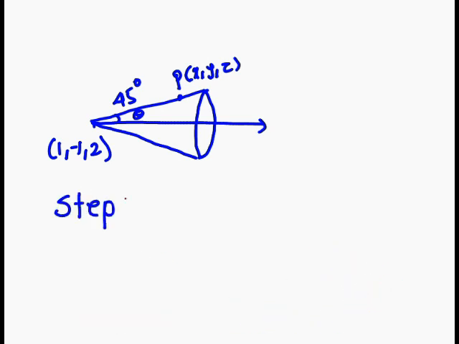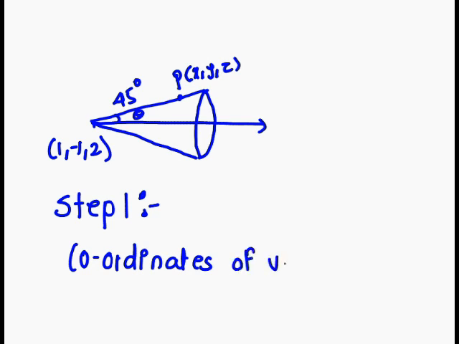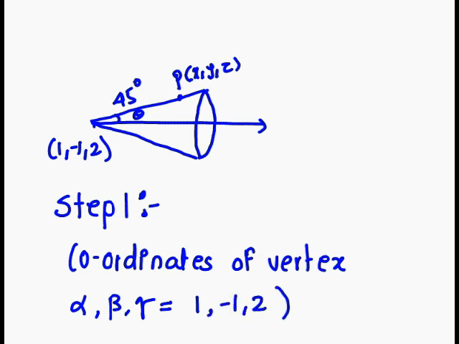They have given the coordinates of the vertex, that is alpha, beta, gamma is equal to (1, −1, 2). Now we need to find the value of the DRs of the axis from the equation of the given axis.